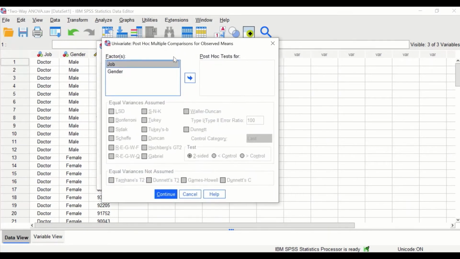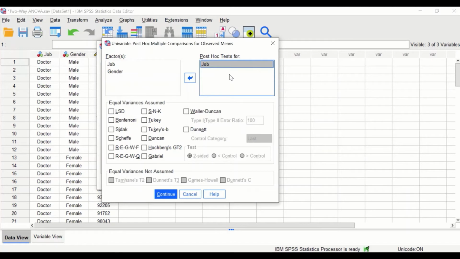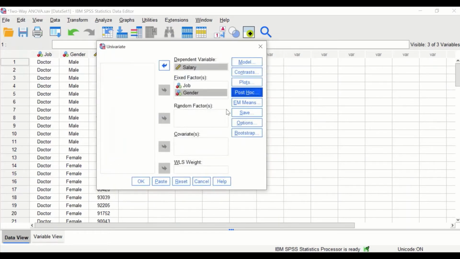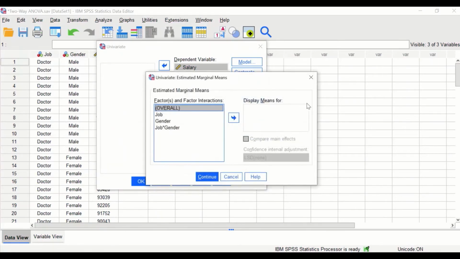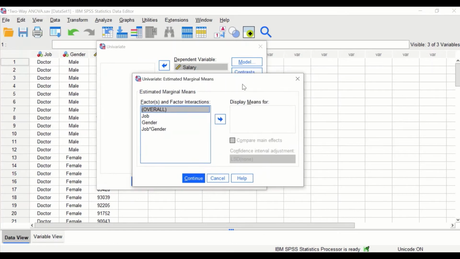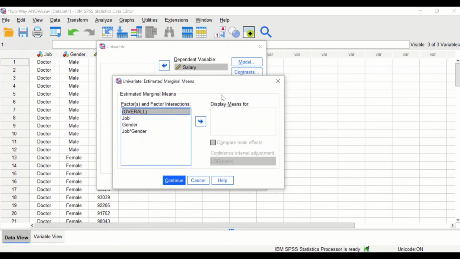For post hoc test, since gender is just 2 categories, we're going to select the job as it has 4 levels in it. And we're going to stick with Tukey here. Click on Continue, and for the EM means, estimated marginal means, select all and drag it into the display means for the overall, job, gender, and the interaction.